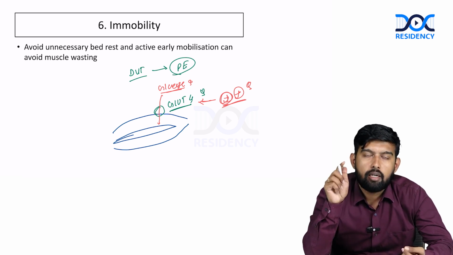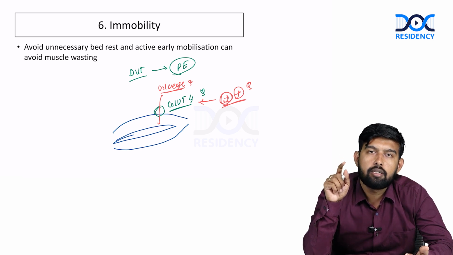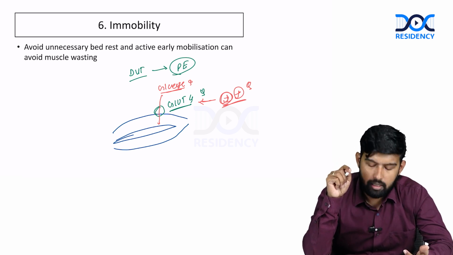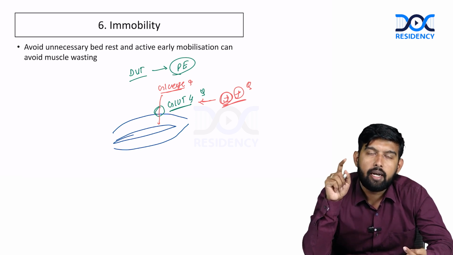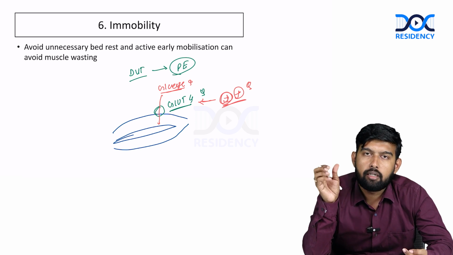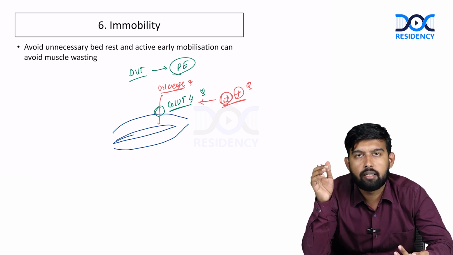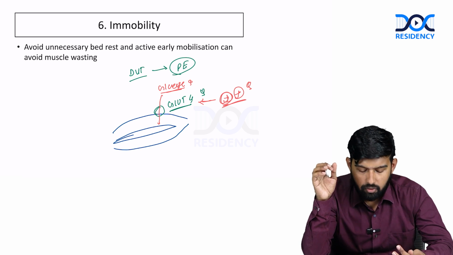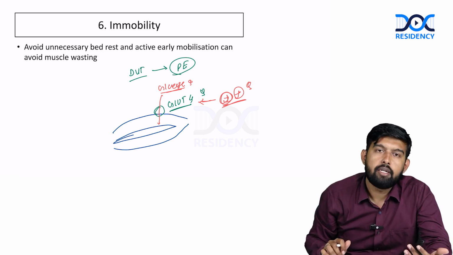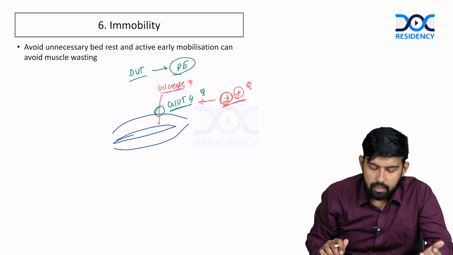If the patient is immobile for a prolonged period, it will cause insulin resistance at this receptor, that is, GLUT4 becomes inactivated, and the muscle does not use glucose as a source of energy, and it will result in the catabolism of protein, that is muscle wasting. So immobility should be avoided by early mobilization after the surgery.